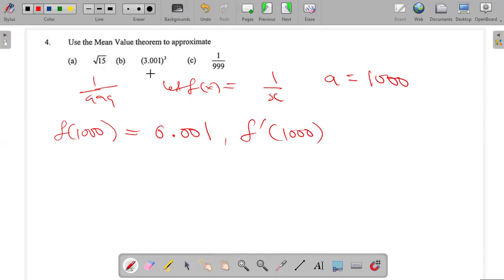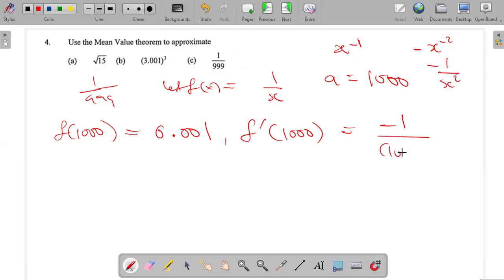So I have 1 over x, which is the same as x to the -1. If I differentiate this, I get negative, then of course I'll get x to the -2, which can be written as -1 over x squared. So this is what I get. Then I'm saying -1 over 1000 squared.